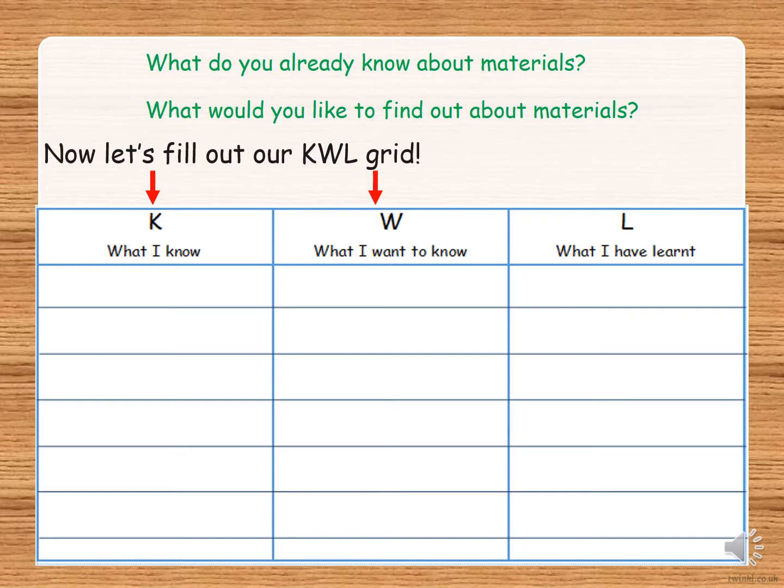So what I would like you to do is, in a minute, pause this video, and if you would like, you can draw a grid that is very similar to mine, that has a K as the header of one column, the W as the header of another column, and the L as the header of the third column.